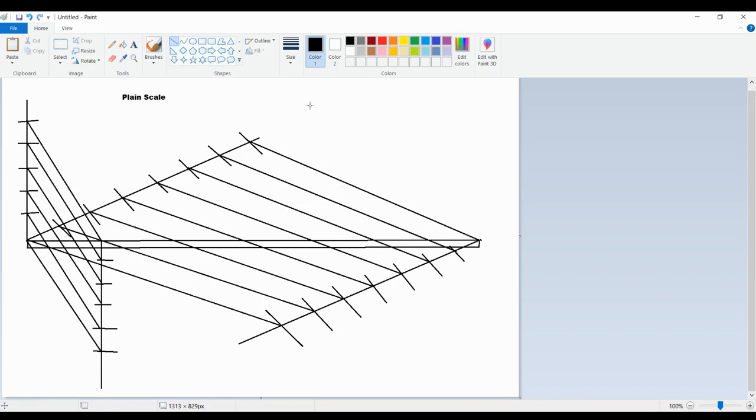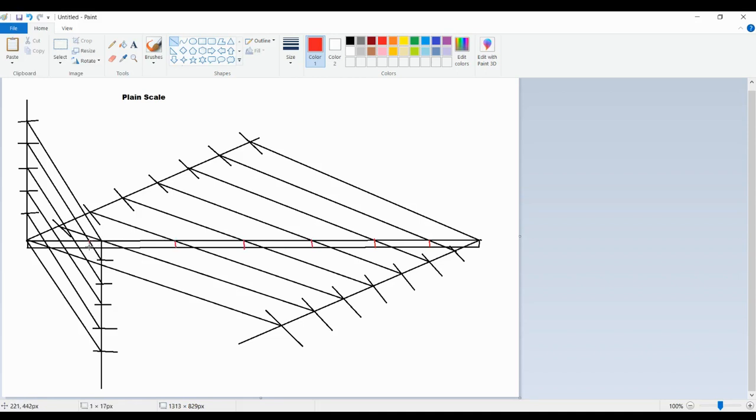Now you will be dropping perpendiculars. I'm changing the color so that it becomes visible. You will be dropping perpendiculars from the line on which you have made these divisions to the line which you have just drawn. So you have the first perpendicular, the second one, third one, fourth, fifth, sixth is already there for you, it has been drawn.